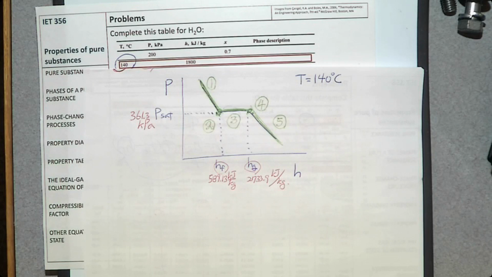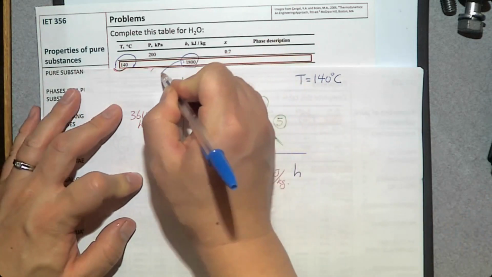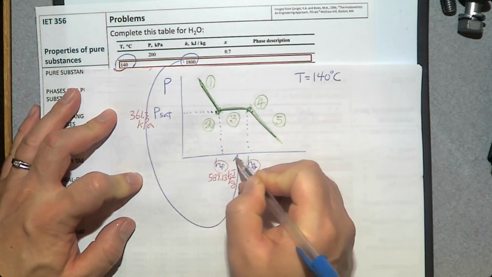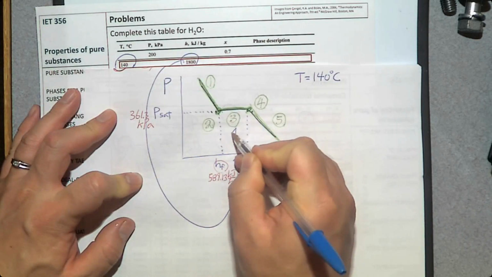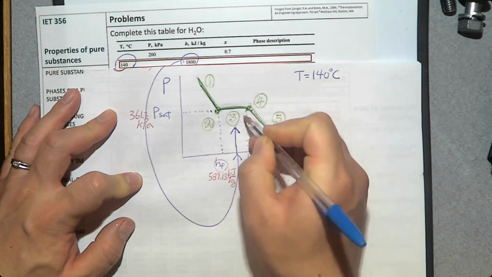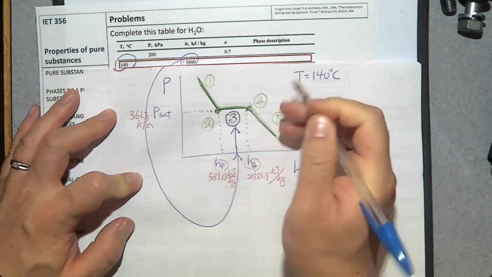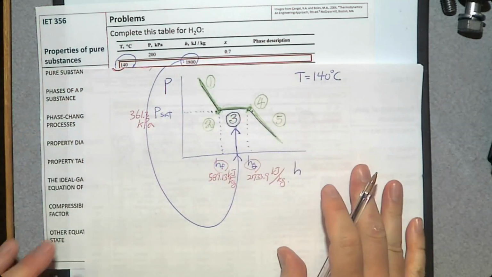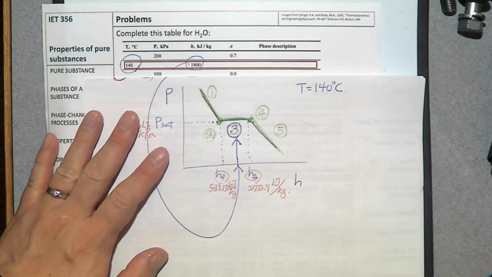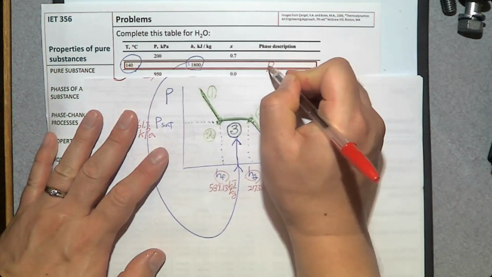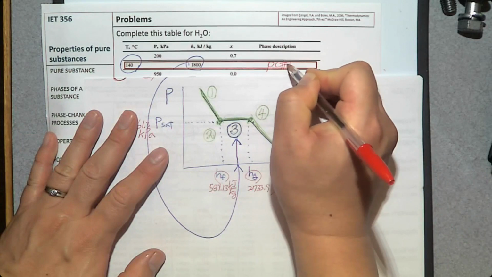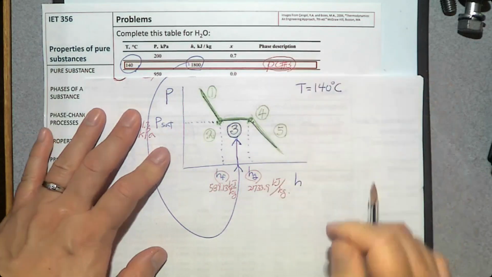Yeah, saturated mixture. So this 1800 is between these two. So the only possible phase change process is going to be number 3, saturated mixture. So I can say here, phase change process number 3, saturated mixture.